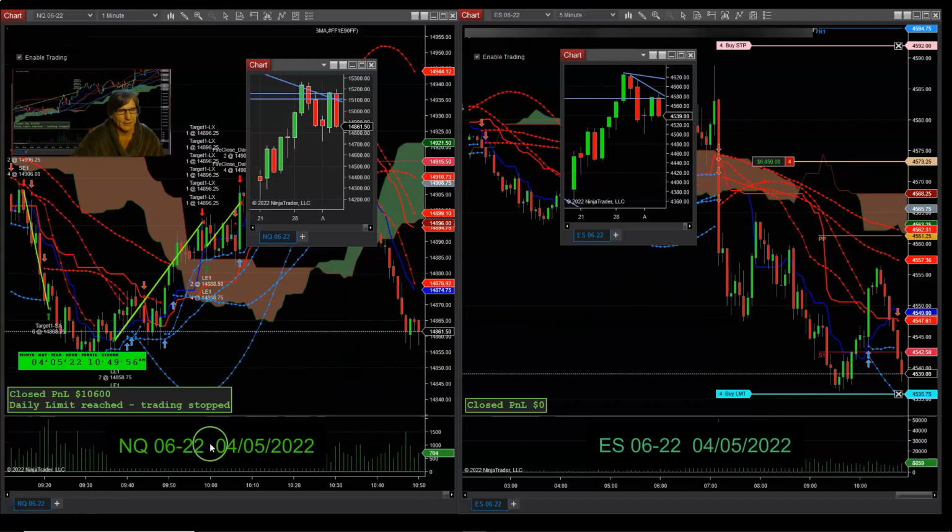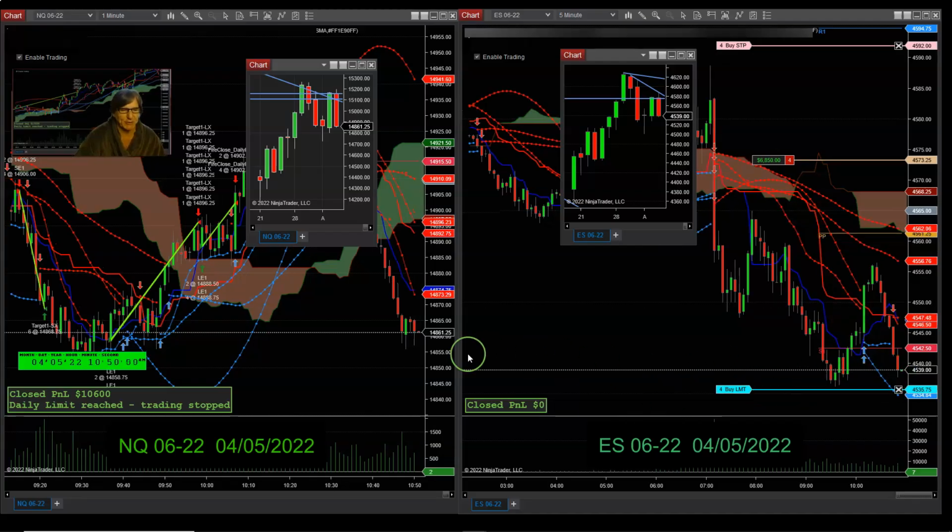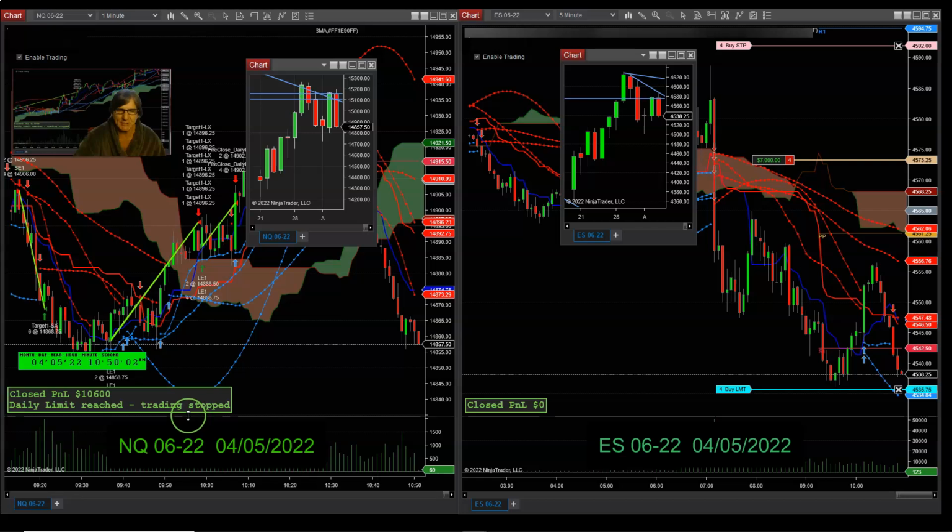Okay, here we are pushing down a little bit over here. As a review, we hit our max P&L over here on the NQ. Already done for the day there. No more trades. You can see the trades, a short and two longs. Right now it's 10:50 a.m. We are currently pushing down towards a target over here, but there's a lot of jumbly stuff, so it may take a little while.